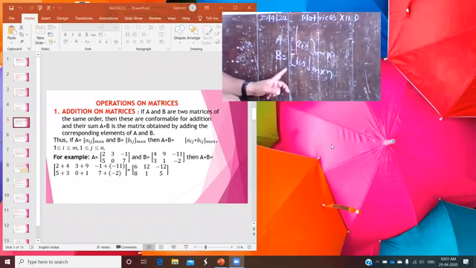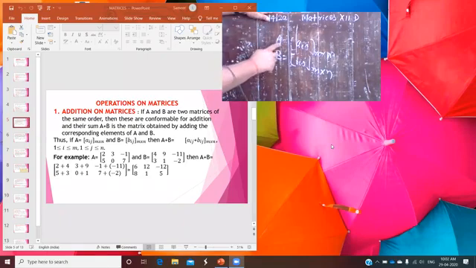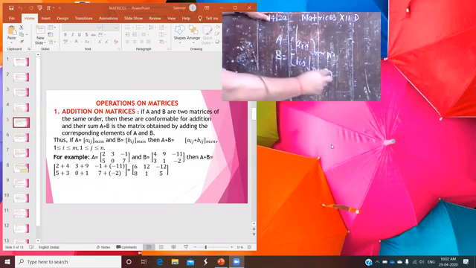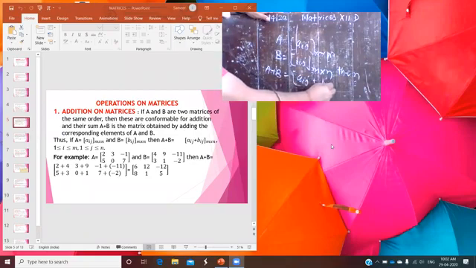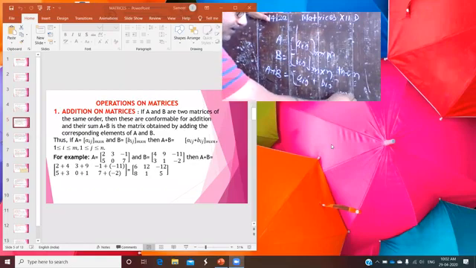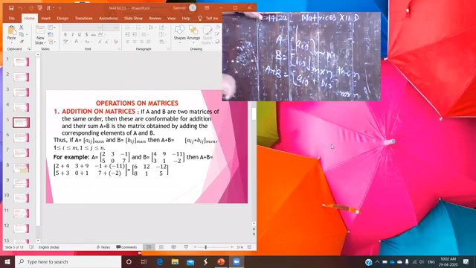Then they can be added to each other. The first condition is that their orders are the same. If A and B are two matrices defined in this way, then A plus B is a matrix represented by Aij plus Bij, which is a matrix of the same order, m by n.